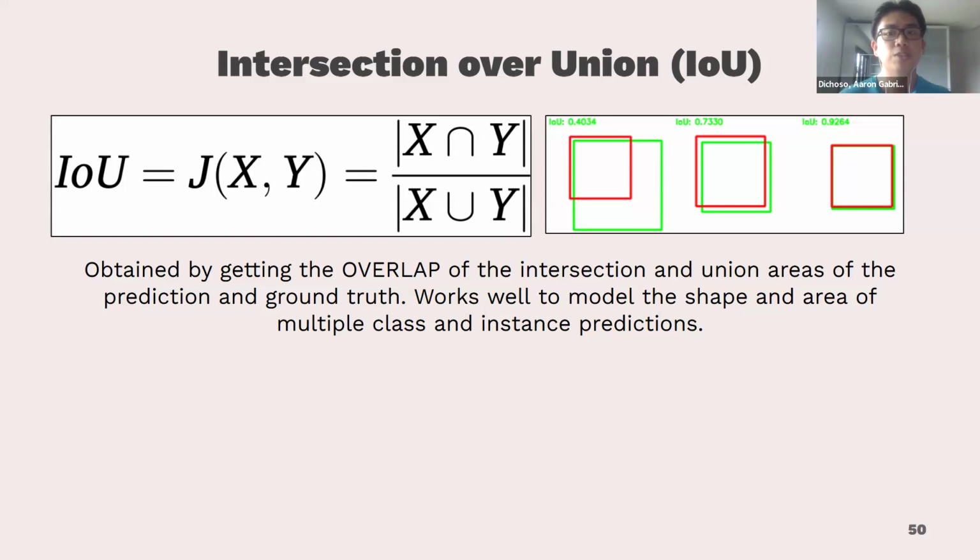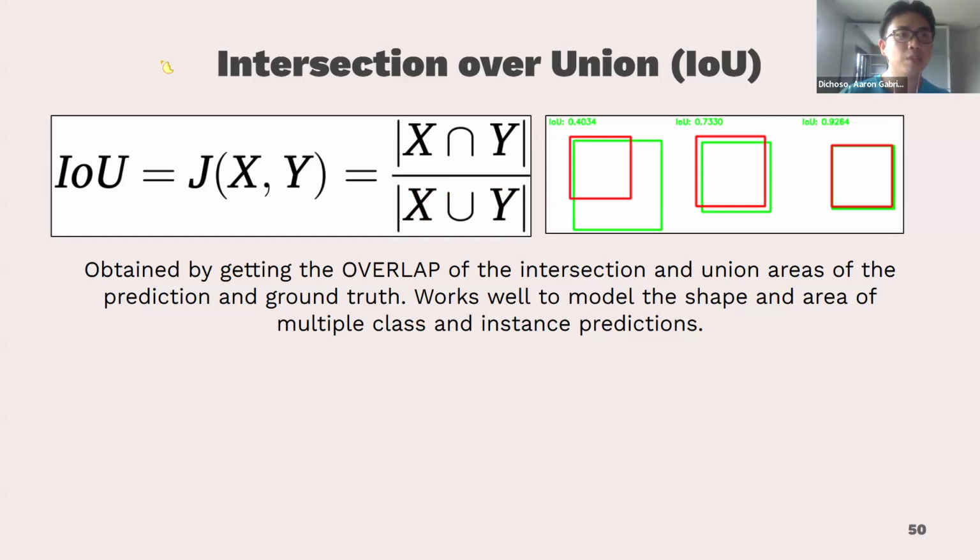However, if you get the prediction completely wrong, it's going to be a 0. Okay? Intersection over union, because that's the actual formula for it. You take the intersection of your prediction and your ground truth, all over the union of your ground truth with your prediction, and that's your score for that image.